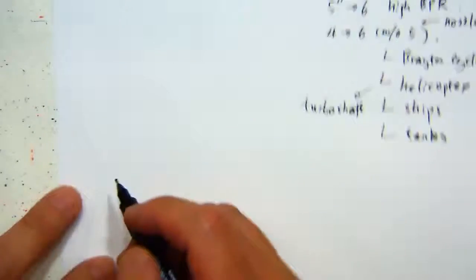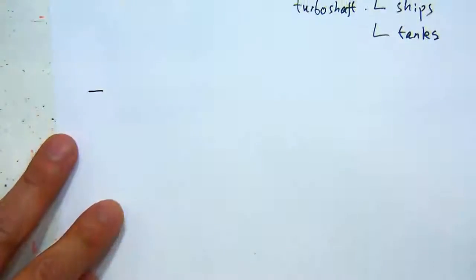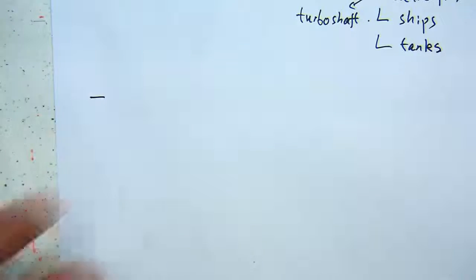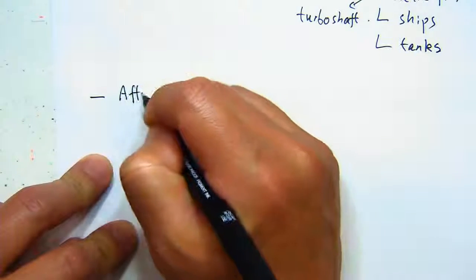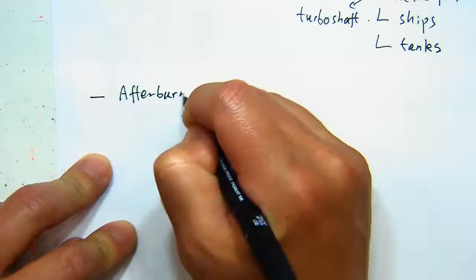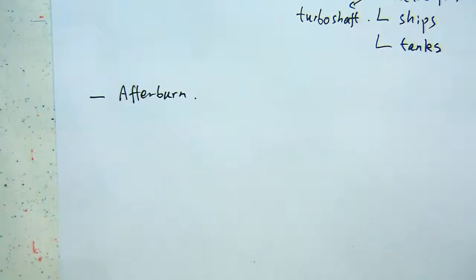The other feature related to the turbojet is something called afterburn. Afterburn is something that, in a situation where you need additional thrust, you want to add some additional heat or additional enthalpy after the turbine but before the nozzle, so that you have additional enthalpy that can be converted to kinetic energy at the nozzle.